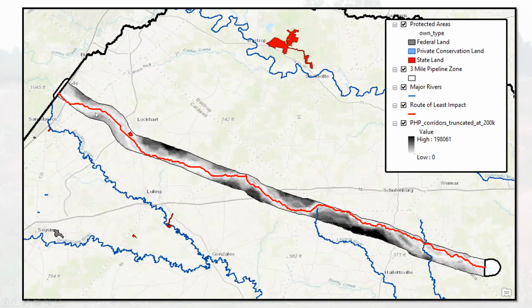So basically just helping prioritize where that pipeline could go if it can't get exactly to that red line. Obviously, the red line is pretty jerky and probably not what a real pipeline is going to look like in any way. So you can use these white areas to guide it to the extent that it can't meet that least cost path. And then the black areas are places to be avoided because they represent higher ecological integrity, basically.